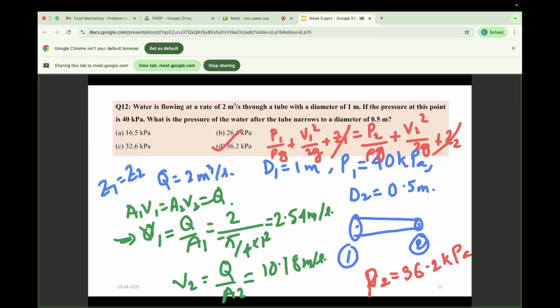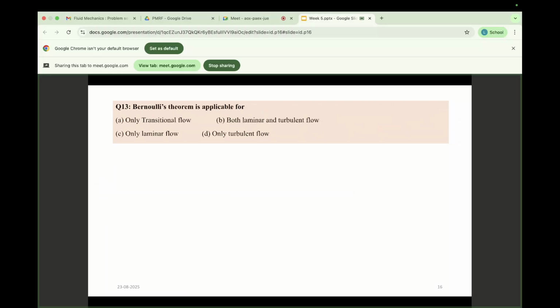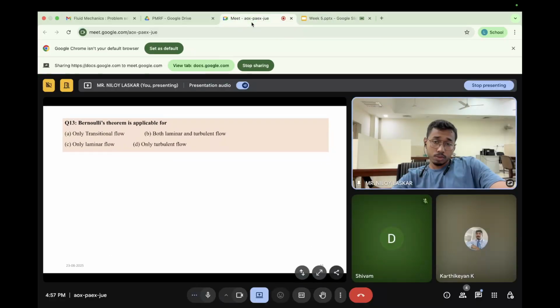Another two simple questions for you, both of you. This is just a theory concept. The question is, Bernoulli's theorem is applicable for which types of flow? Either translational flow, laminar flow, turbulent flow, or both laminar and turbulent flow. At least try to answer, both of you. I think Shivam is confident about this answer. He has attempted it quickly.